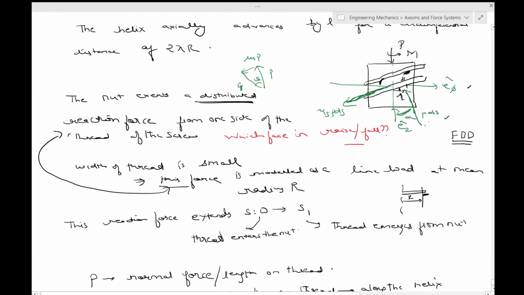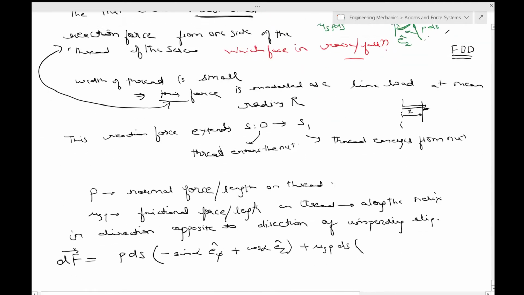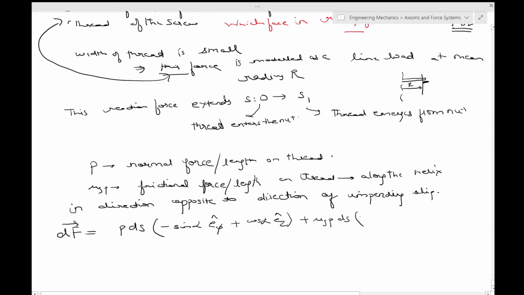Over here this angle is clearly alpha, so along the E phi direction we will have minus cos alpha, and the Ez direction would be minus sine alpha. So this would be minus cos alpha E phi minus sine alpha Ez.